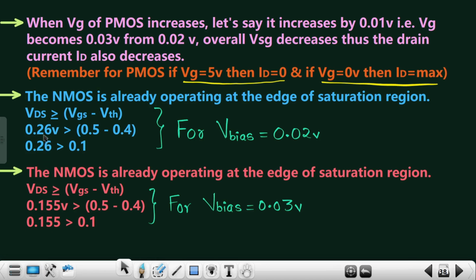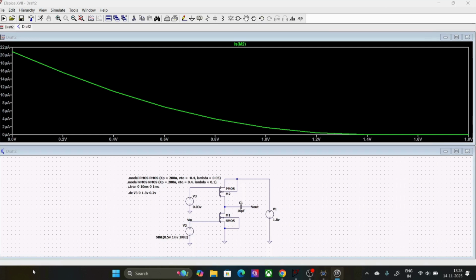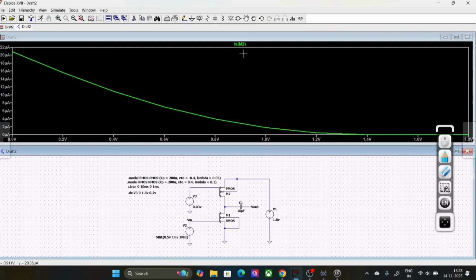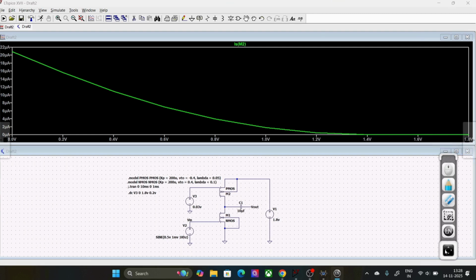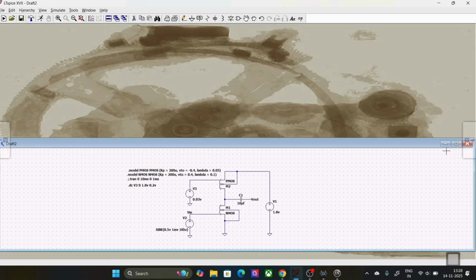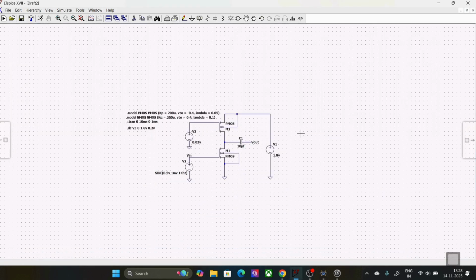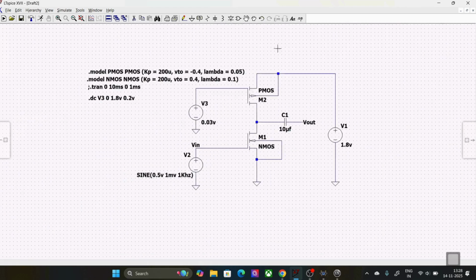Now you might ask how exactly we got this particular value of 0.26 volts. For that, you just come over here, and this time I'll delete it. If you want, you can take a screenshot of it. Alright, I believe that you all have taken a screenshot of it. Now I'll delete it and zoom out.